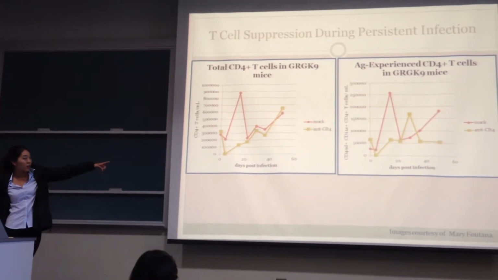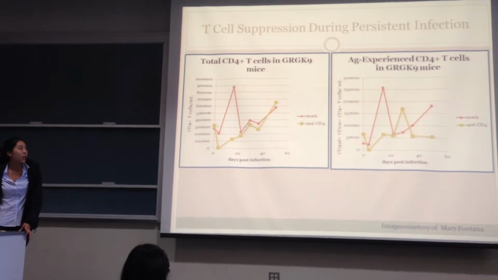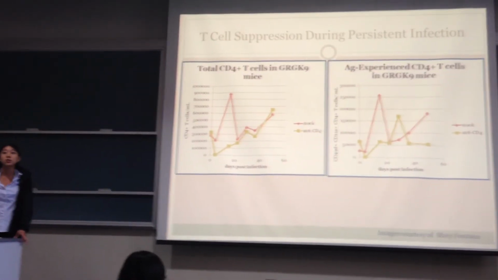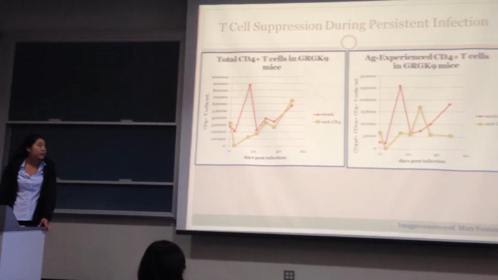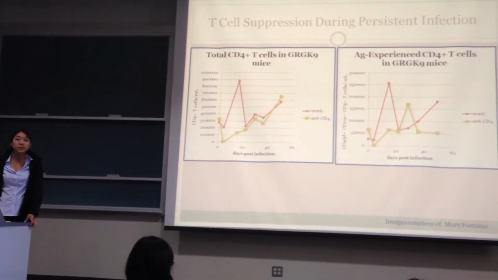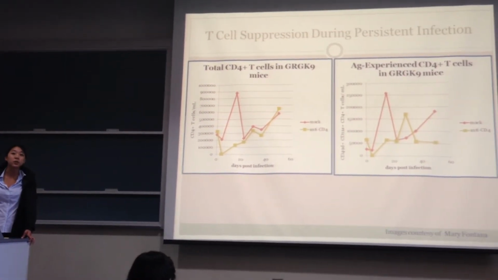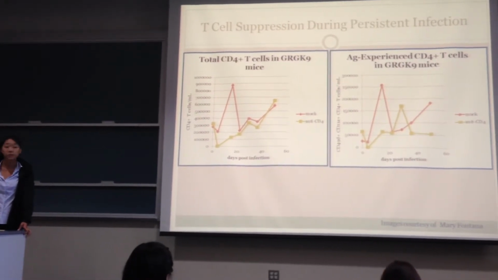On the left-hand side there, you see the yellow line. These antigen-experienced CD4 positive T cells do not repopulate nearly as much or as well. And we know that these CD4 positive T cells are specific for the malaria infection because these mice have been in a controlled environment and were only exposed to malarial parasites.